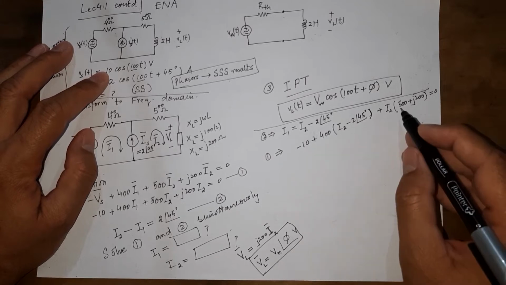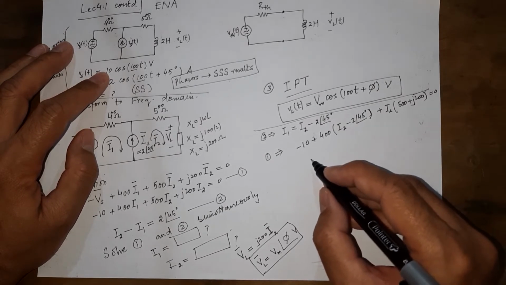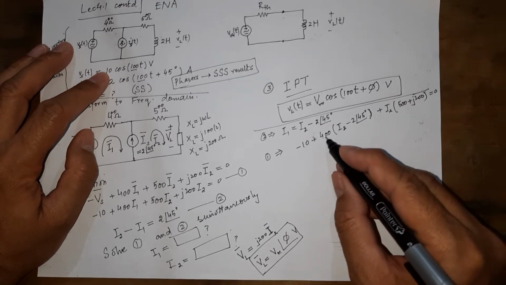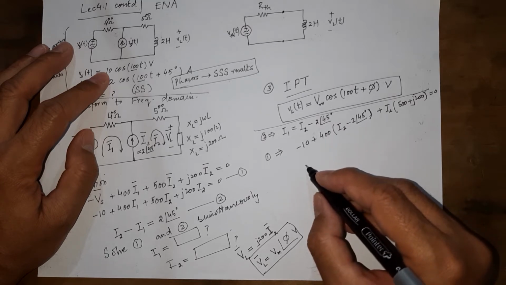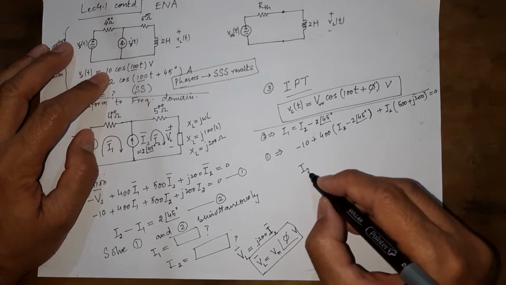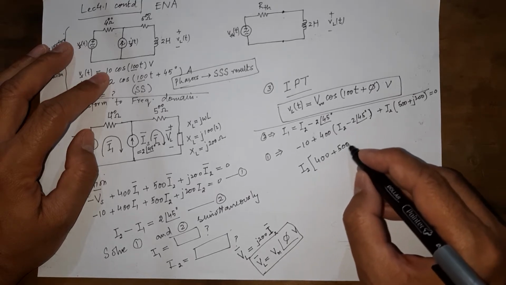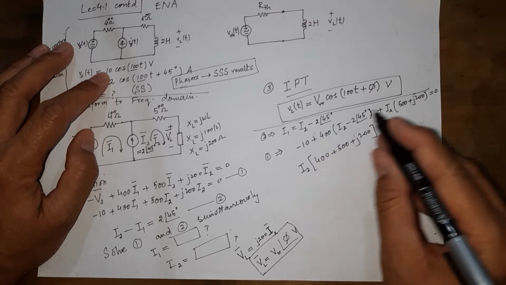So this is a single equation in I2. All we need is some complex gymnastics. So we have this I2 here in this term as well, and the constant here and constant here. So what do we get? I2 common from all the terms, we get a 400 plus 500 plus j200, and we get all the constants to the other side.